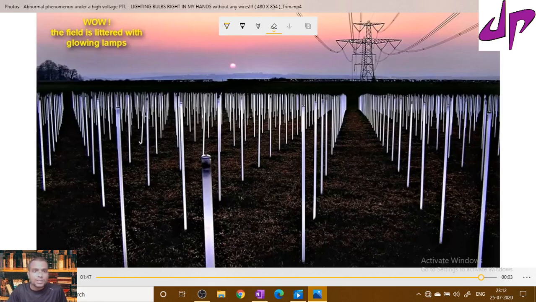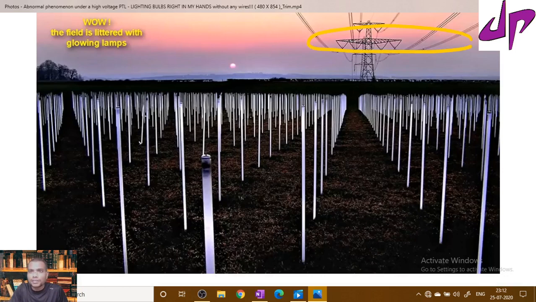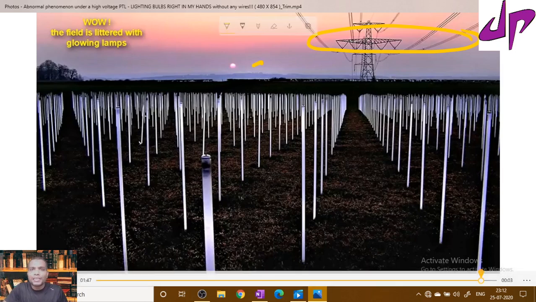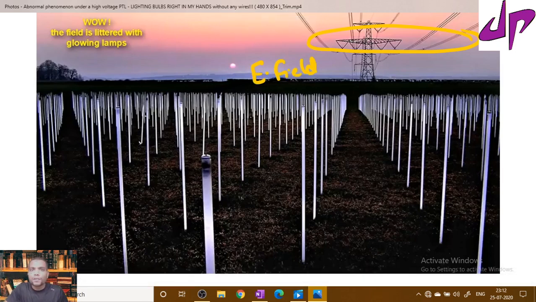So here you can see the fluorescent tubes are kept inside a field. One photographer wanted to see how it looks, so he installed them under these high tension lines. Because of these high tension lines, meaning high voltage from the generation station, an electric field is created under them.